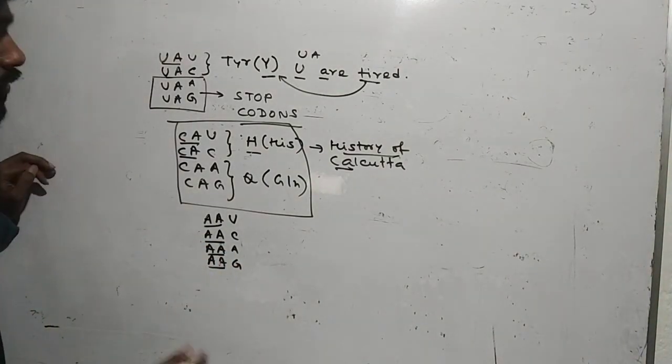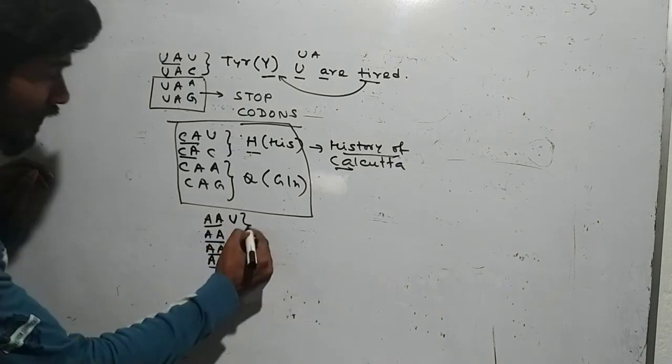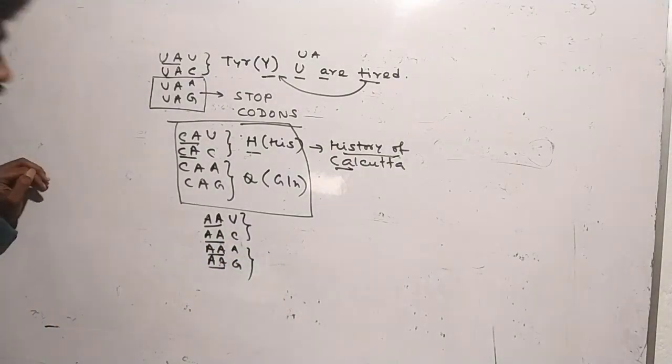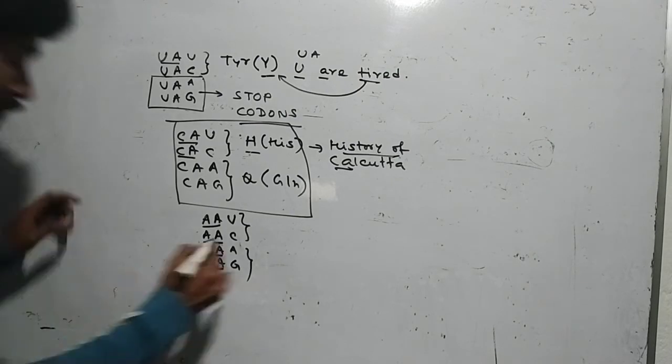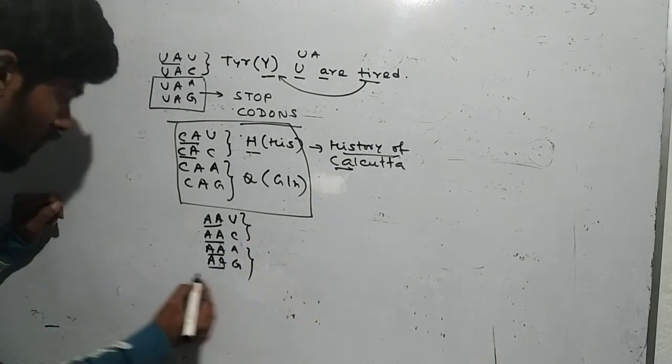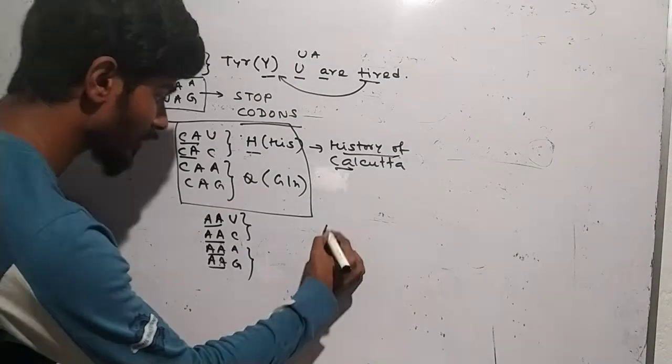So how can you remember what is there or what is not? Okay, so it is like this, that and. Let me write it here.